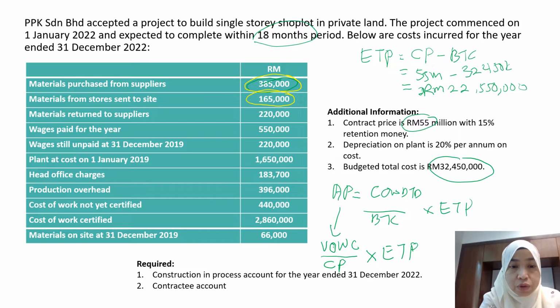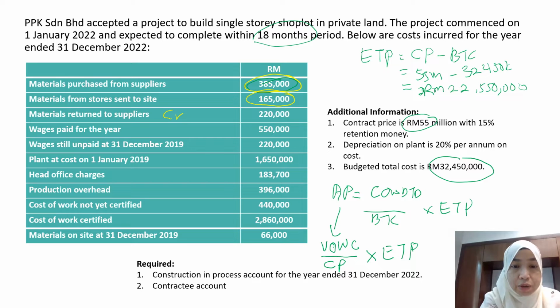Materials returned to supplier means we return them from our contract back to the supplier, so it will reduce the cost of the project. This one we will credit into the construction in process account.